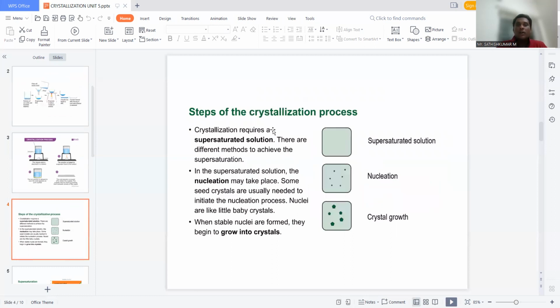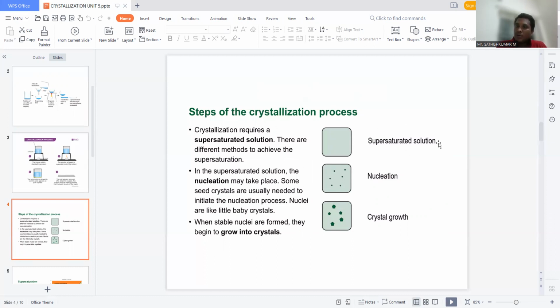This picture shows saturated and supersaturated solutions. A supersaturated solution contains a high amount, or the upper limit, of solids in a particular solution.